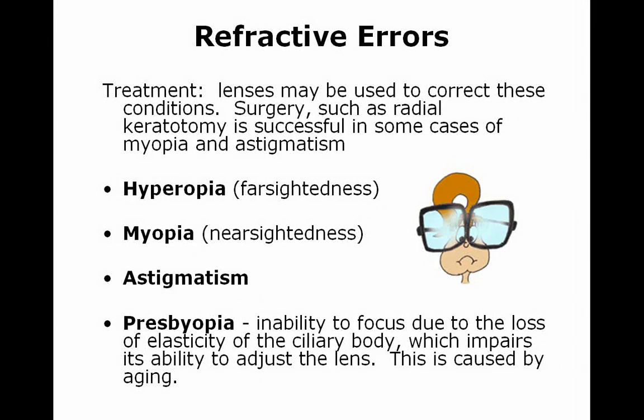That's called accommodation. Your eyes will accommodate your vision of things close up or far away by changing the shape of the lens. And in presbyopia, you can no longer change or adjust the shape of the lens to accommodate near vision versus far away vision.